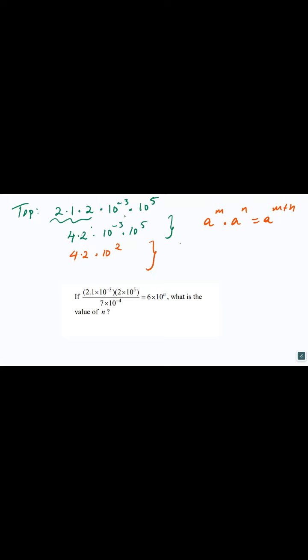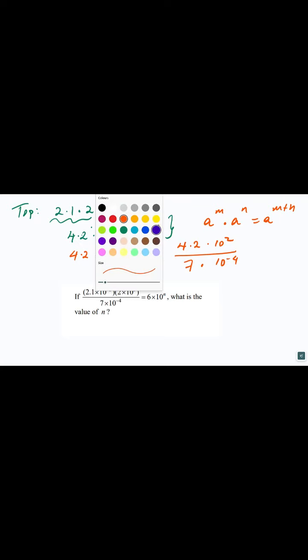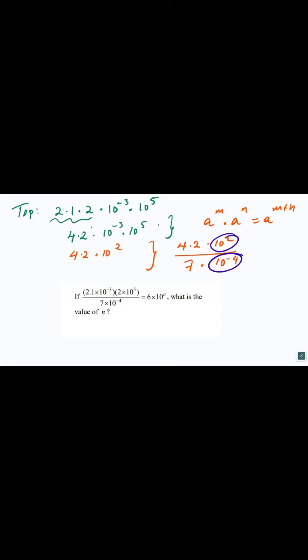So with my top now, I'm going to have 4.2 times 10 to 2 divided by 7 times 10 to negative 4. So what I'm going to do, firstly, with these two, I'm going to use the law of exponents again. a to m divided by a to n, I know this is going to be a to m minus n.